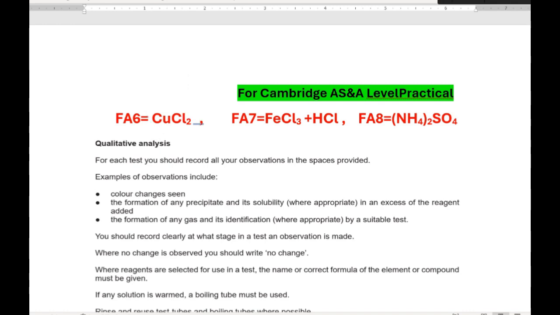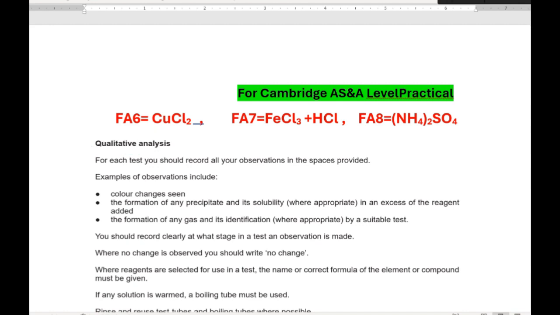From this video you will also learn what observations you should write and how you write your observations. This is known as qualitative analysis, means which cation is present, which anion is present, then which compound you will detect.